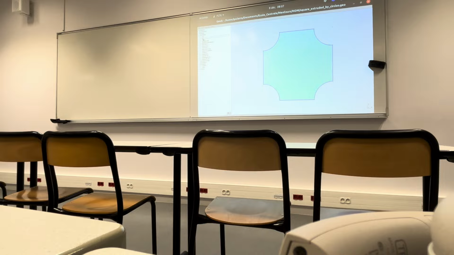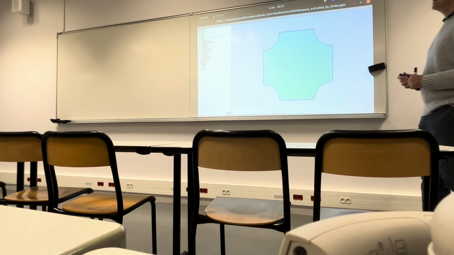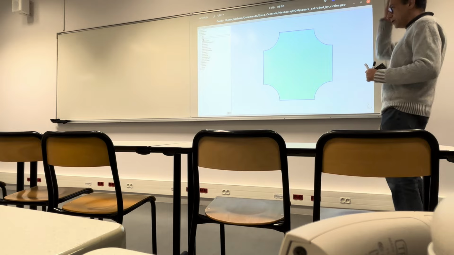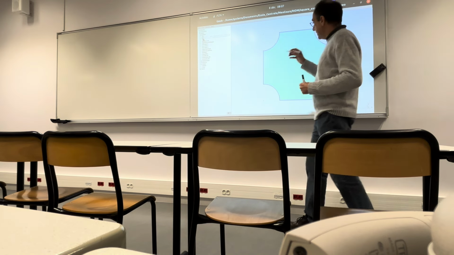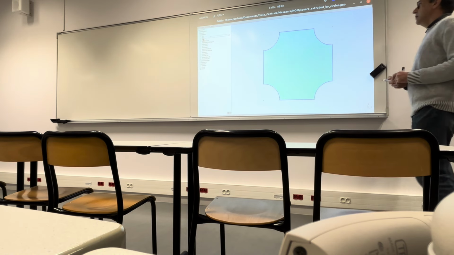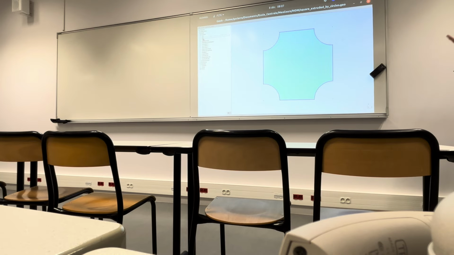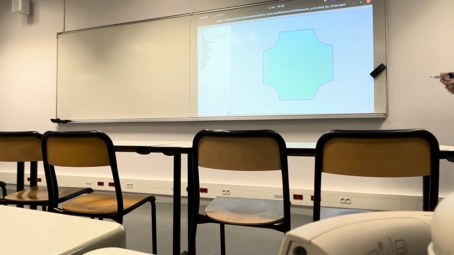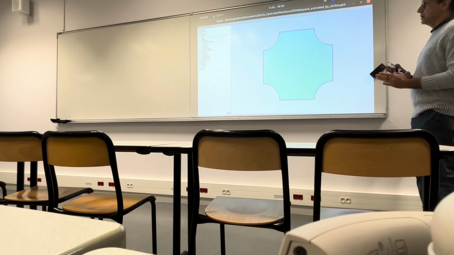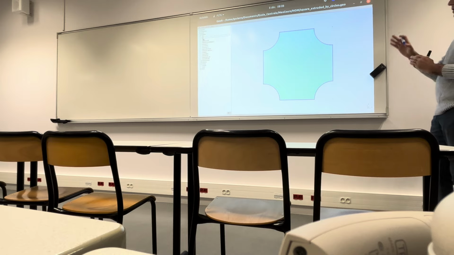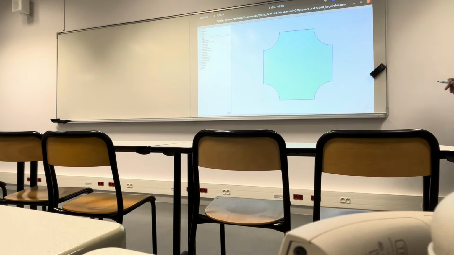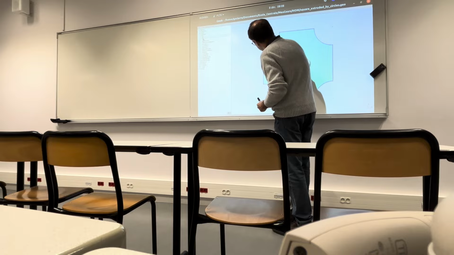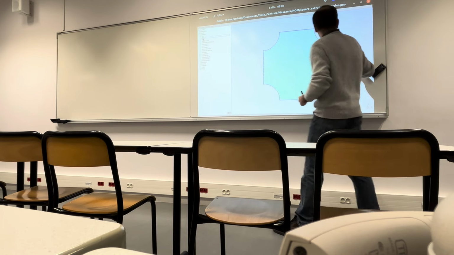This is just a discretization via the software GMSH, but the main point is that we want to assign labels to the boundaries, because later, when we construct the numerical solution of the problem, we want to impose different boundary conditions on the different parts of the boundary.